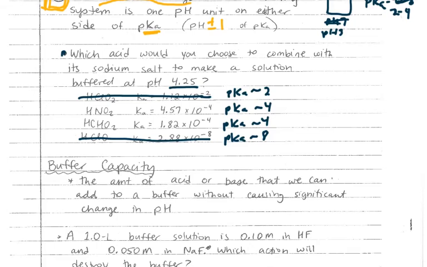If you need to, you can get out your calculator and calculate which one's going to be closest to 4.25, which I will do, even though I can do this in my head.